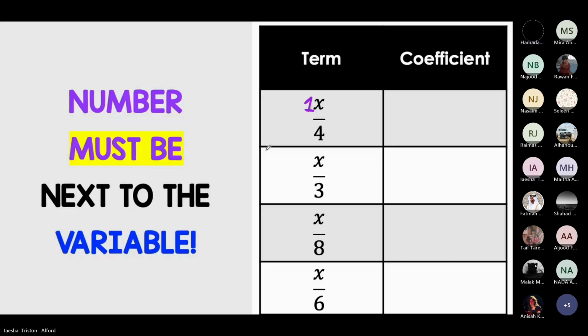Say it again. Positive 1 over positive 4. This is the coefficient, the number with the x. The coefficient is a number.